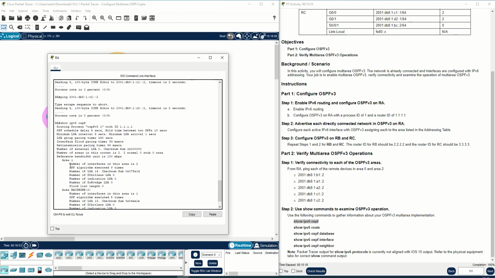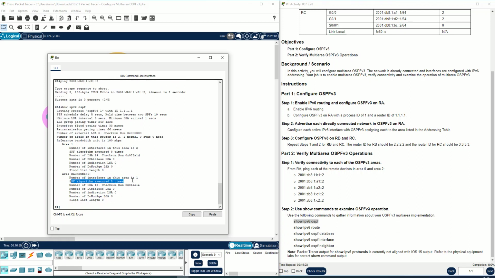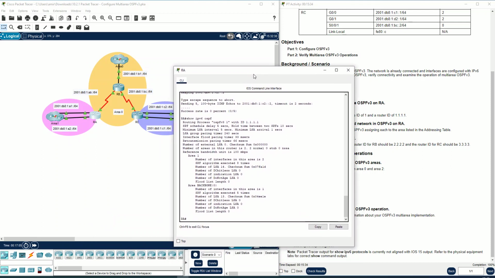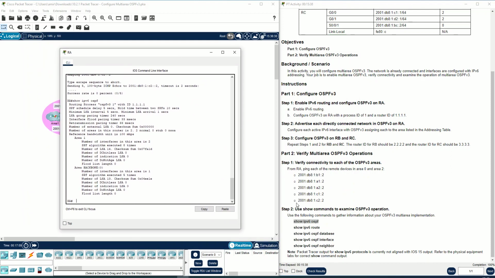Area 0, area 1, number of interfaces in this area is 2. And what about the backbone area? It also has 1 interface here, and it means we don't have any interface in area 2, but it is also correct.